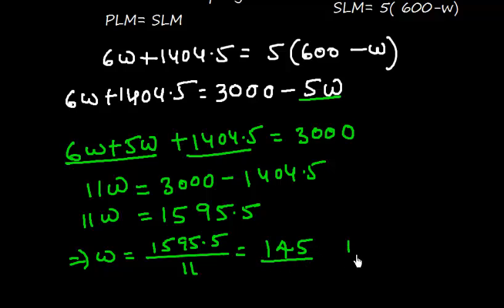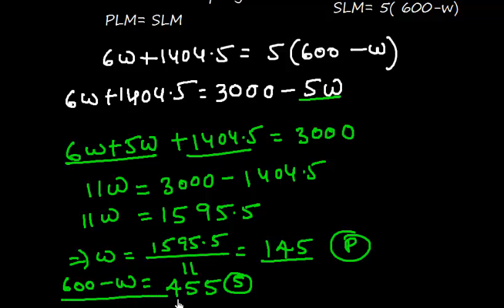This is the W which was on the port side. So what is 600 minus W? So 600 minus 145, I get 455. That is on the starboard side.